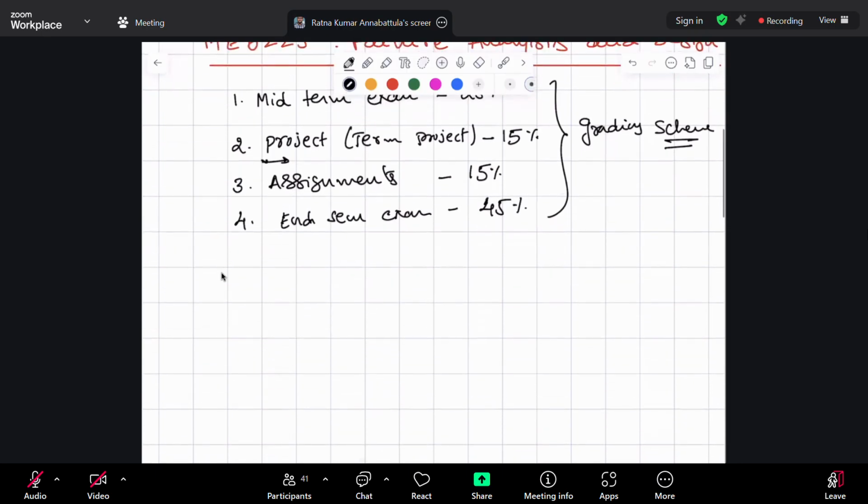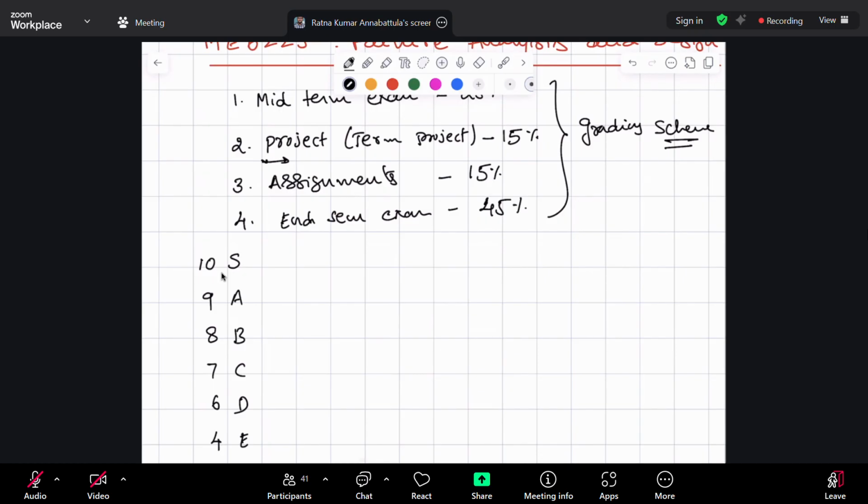There are two ways that we will do grading. I hope some of you have already done some courses in your MTech program, so you know the grades S, A, B, C, D, and E. S is 10, A is 9, B is 8, 7, 6, and E is not 5 but 4.